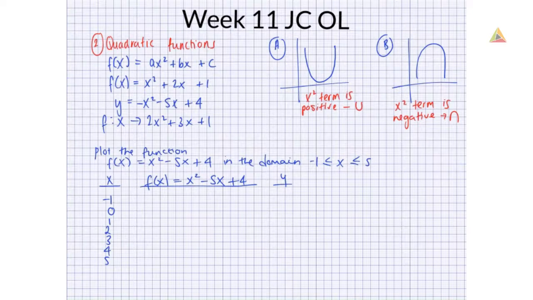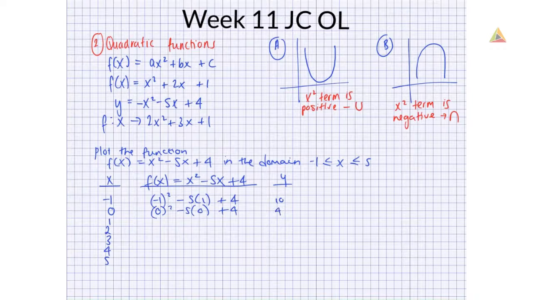So this here is going to be -1 squared minus 5 by -1 plus 4. So what I've done there is I put -1 in anywhere I see x. So instead of x squared, it's -1 squared. Instead of 5x, it's 5 by -1. So when you put that into the calculator, you get a result of 10. So the next one is 0 squared minus 5 by 0 plus 4, which will give you a result of 4.